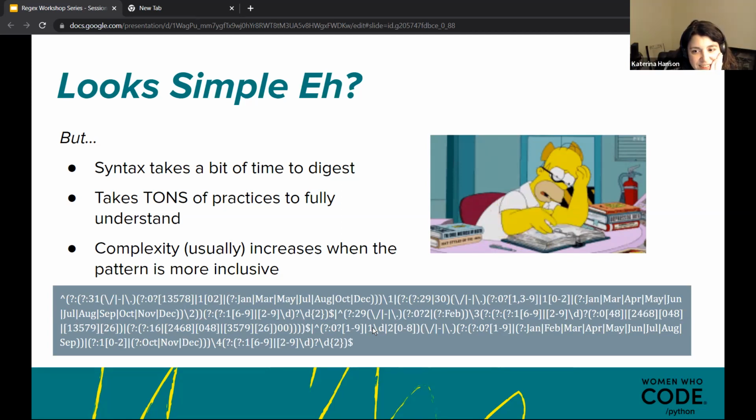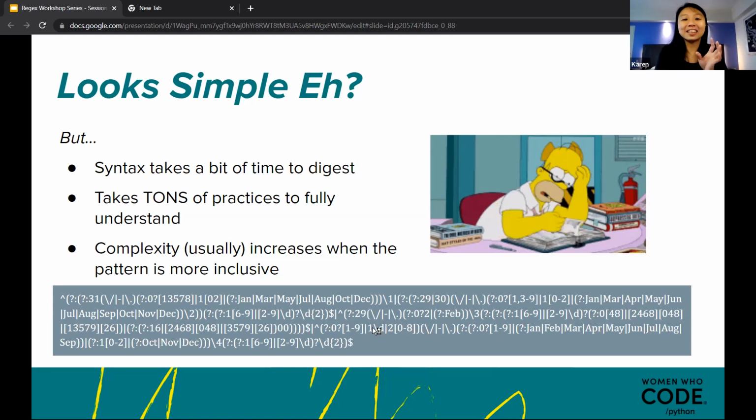Look at the word. Katarina gave a very big hint. Good call.